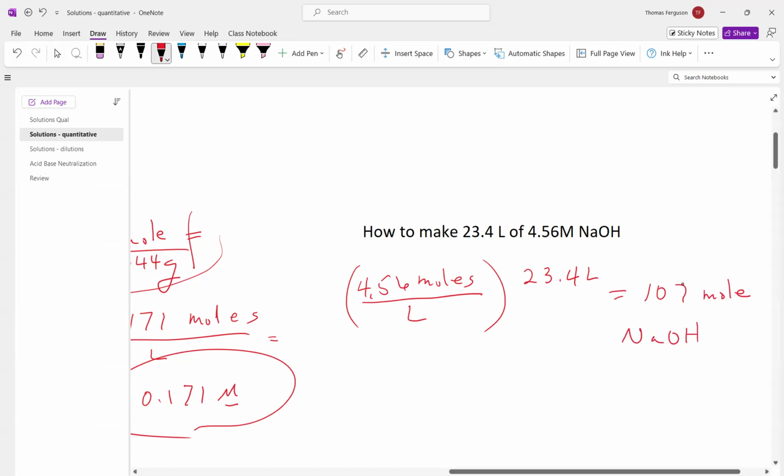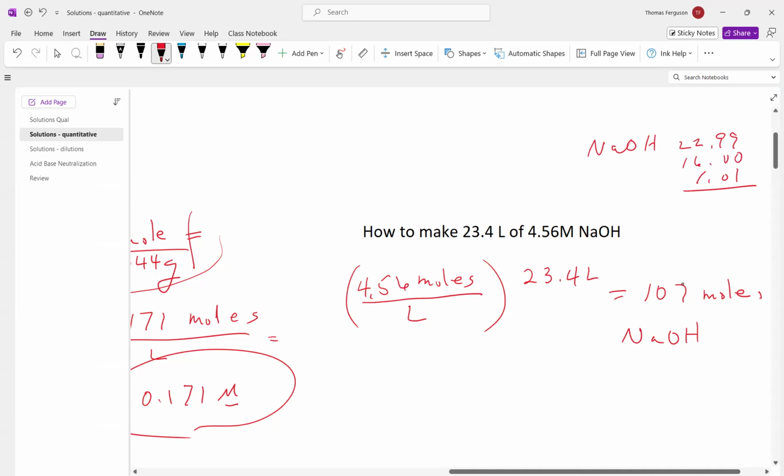And I'm going to go ahead and use the rounded one. So that's 107 moles of sodium hydroxide. How many grams is that going to be? Well, okay, what's the molar mass for sodium? 22.99. Oxygen 16. Hydrogen is 1.01.